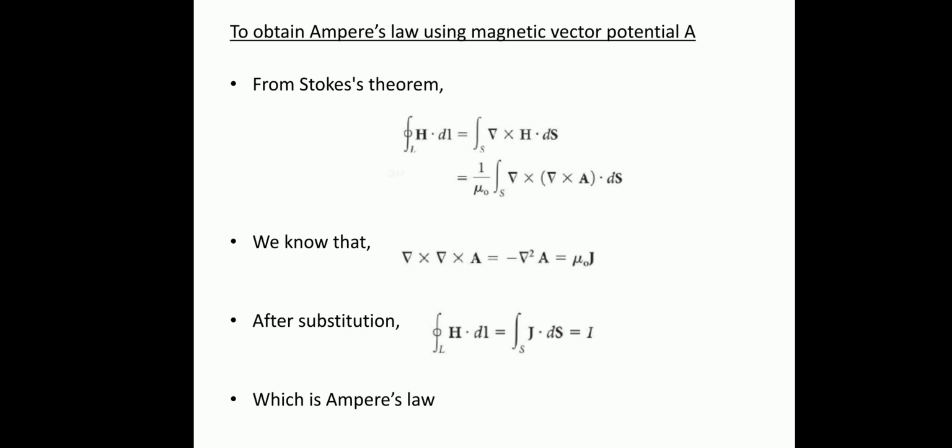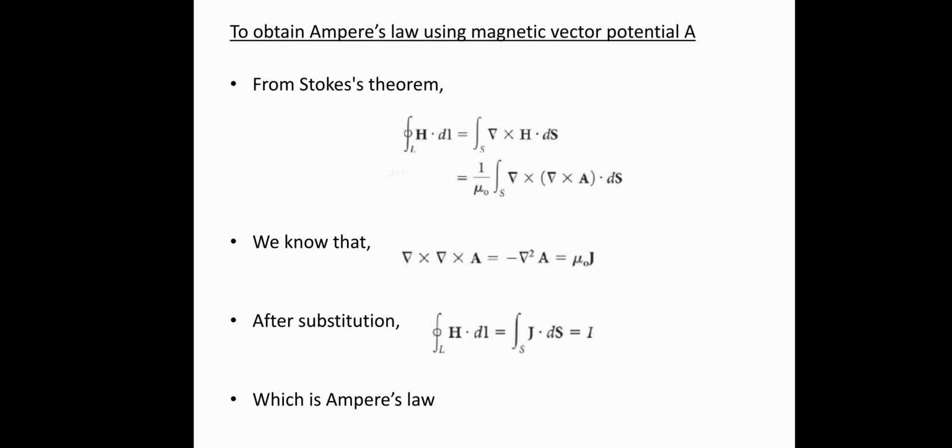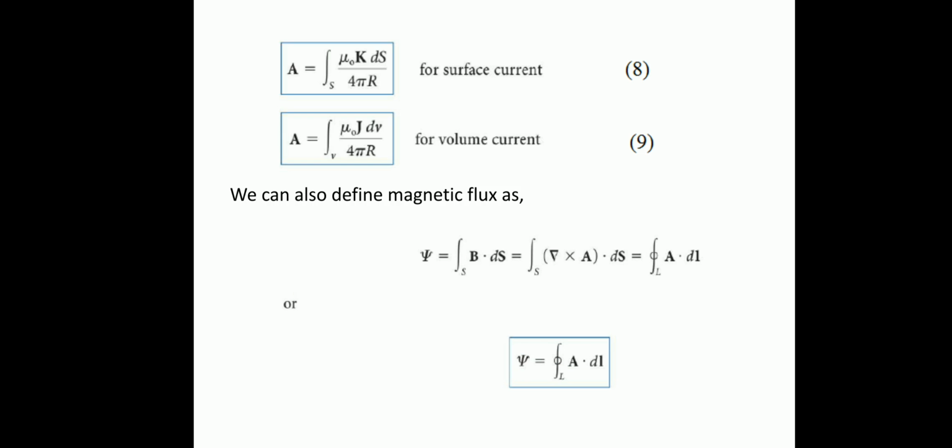The mu 0 cancels, so the line integral of H dot dl becomes the surface integral of J dot ds, which is nothing but the current itself. We already studied that according to Ampere's law, the line integral of H dot dl is the current itself. This way we can derive Ampere's law using the magnetic vector potential. That's all about the magnetic vector potential and the magnetic scalar potential.